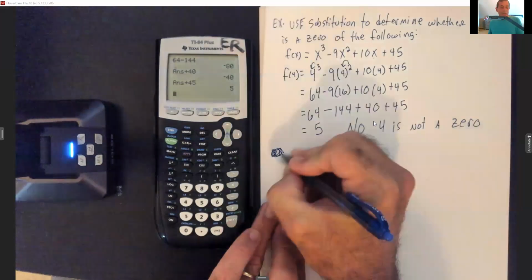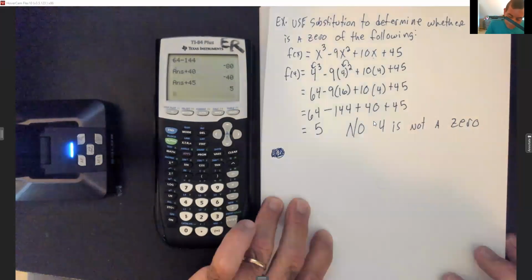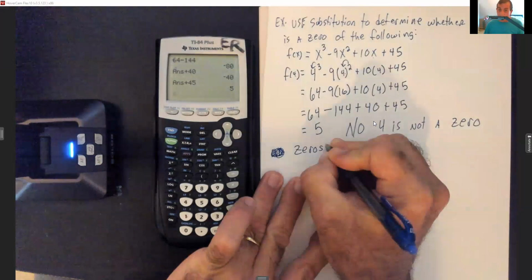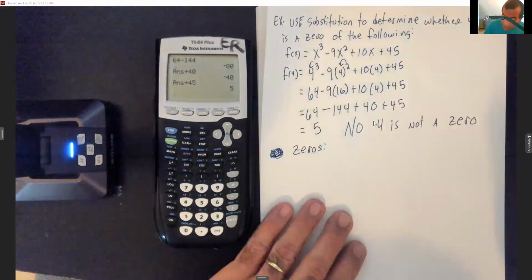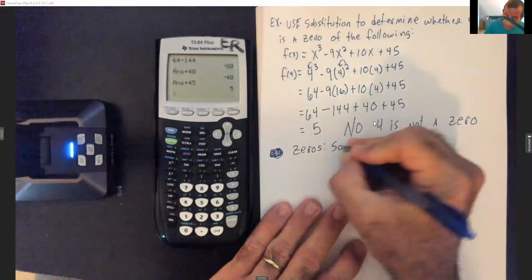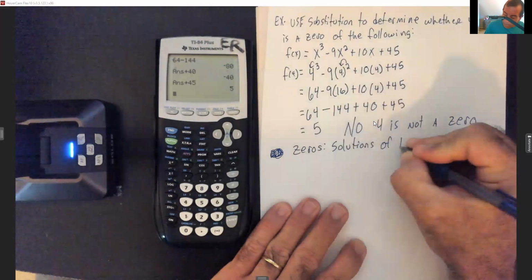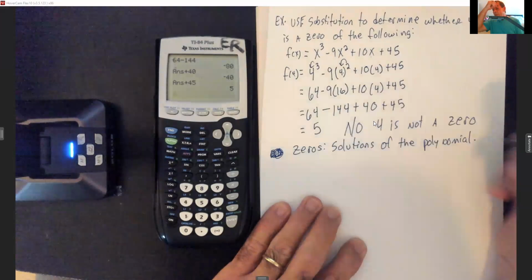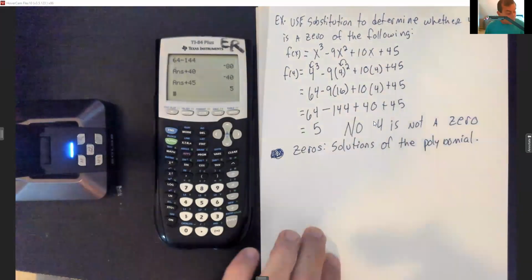All right, so new definitions. So remember, we said already that zeros were the numbers, or these were basically the solutions of the polynomial. So zeros, we said, were the solutions of the polynomial, and they were basically the same as the x-intercepts.